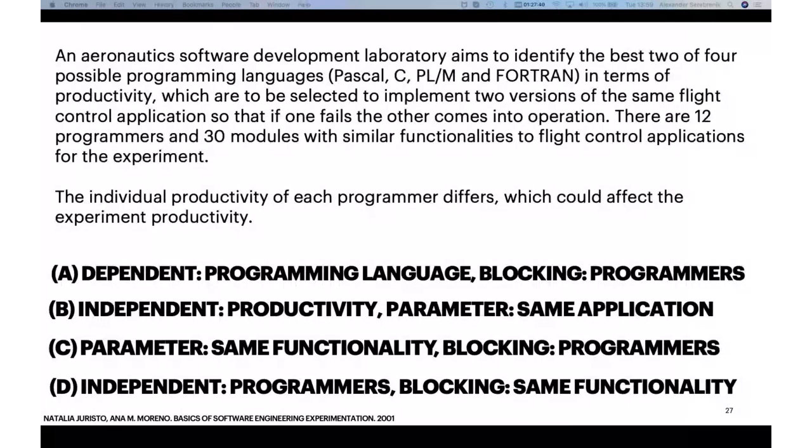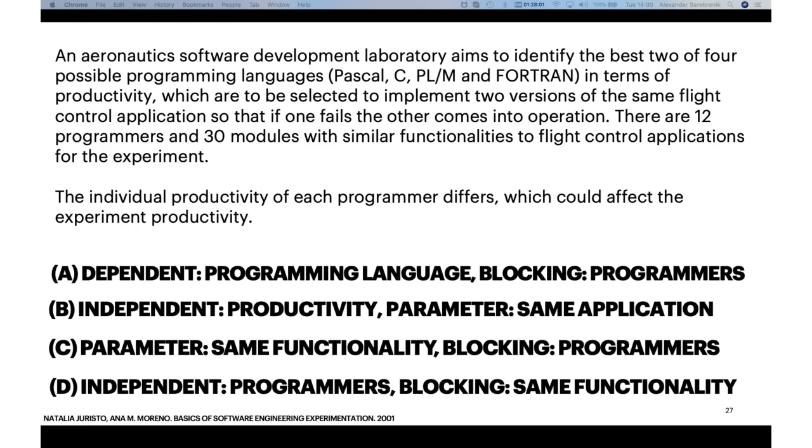So what the study is essentially trying to do is identify the best 2 or 4 possible programming languages in terms of productivity. So what they can manipulate, what they can influence directly, is a programming language. What they want to observe is productivity.